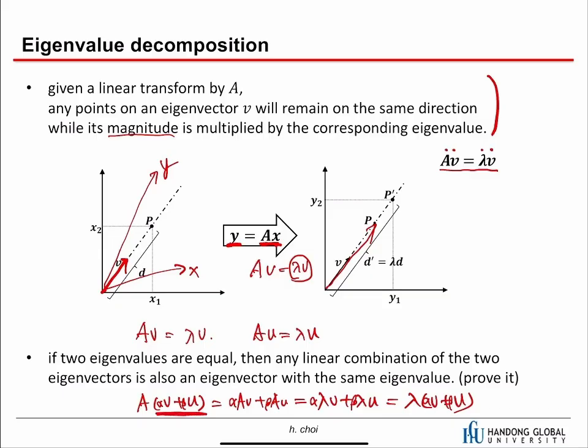Let's call this combination k. Then A k is lambda k, right? Since k is a linear combination of the two eigenvectors, by this equation we can say k is an eigenvector with eigenvalue lambda, the same as before.